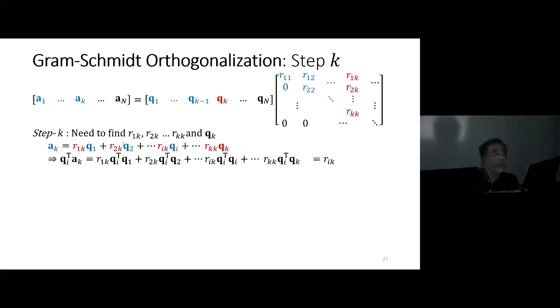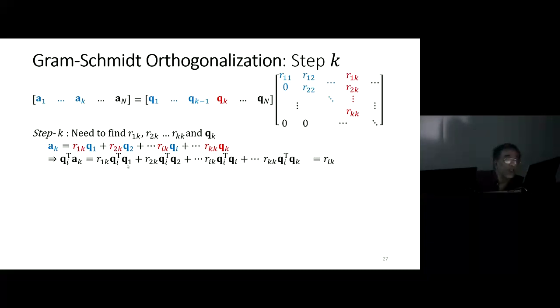Pre-multiply both sides with Qi transpose. So I get R1k Qi transpose Q1, R2k Qi transpose Q2, all the way to Rkk Qi transpose Qk. All these terms except the Qi transpose Qi will vanish because the Q's are all mutually orthogonal. I'm considering some i which is not equal to 1 or 2, just to be clear.